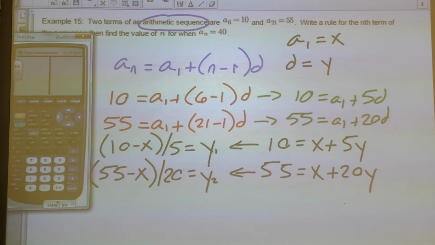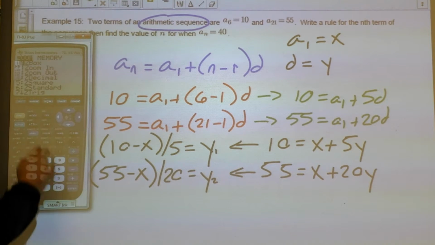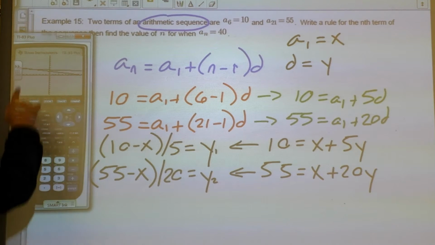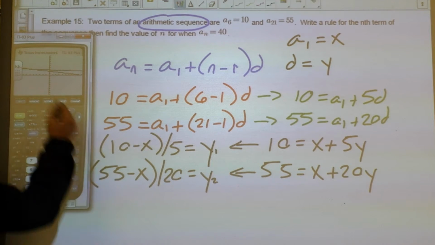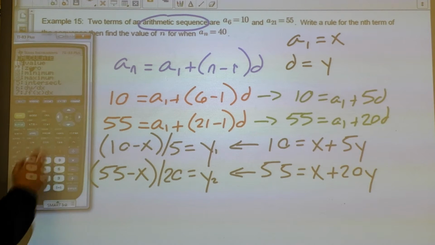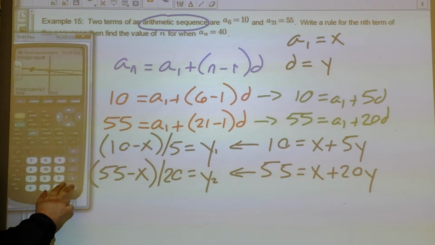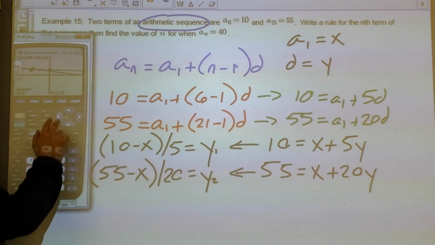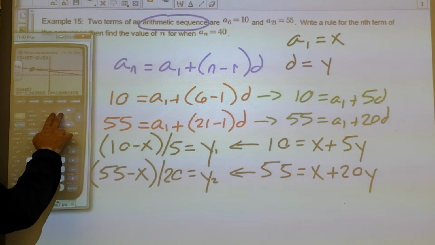Okay, I'm going to graph. Every time you do a new picture, hit zoom 6. My point of intersection is about right there. So second trace, option 5 for intersection. First curve, just hit enter. Second curve, just hit enter. And then guess.